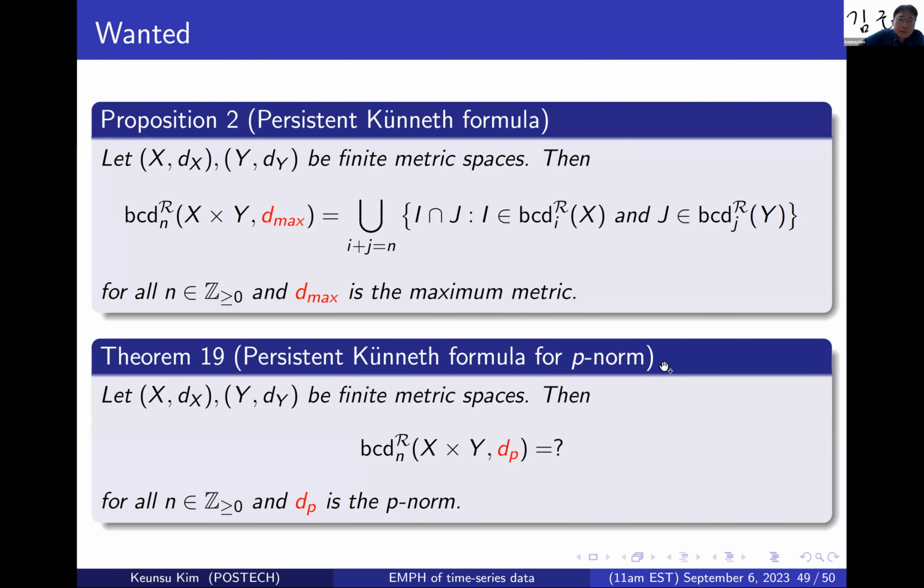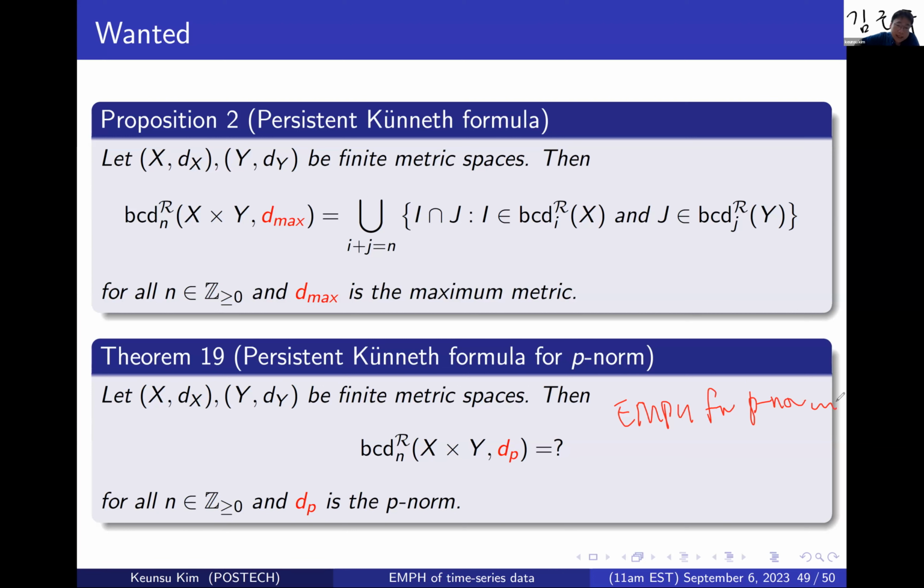And I want a persistent Künneth formula for p-norm. Fourier and Gäkel proved the persistent Künneth formula for product space with the maximum metric. And if someone proved the persistent Künneth formula for p-norm, we can obtain EMPH for p-norm.